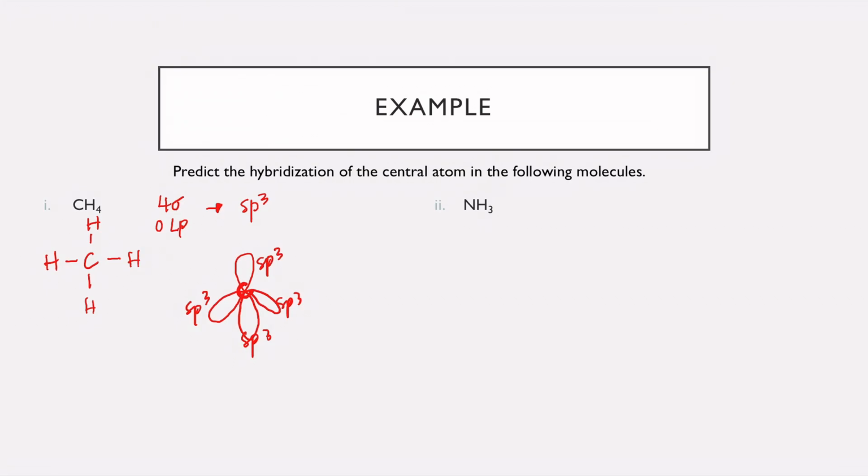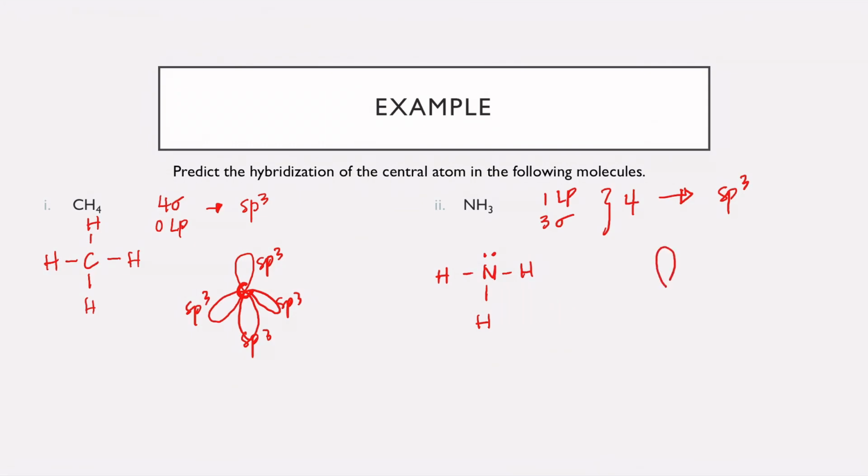So NH3 pula. Draw the Lewis structure. So how many lone pairs do you have? You have 1 lone pair. And you have 1, 2, 3, 3 sigma bonds. That means that's 4 total. So you will have sp3 hybridization at nitrogen as well.